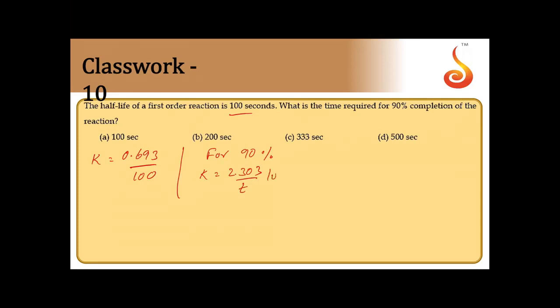2.303 by T into log of 100 by 10. 90% completion means only 10 remains. It becomes log 10, which is 1.